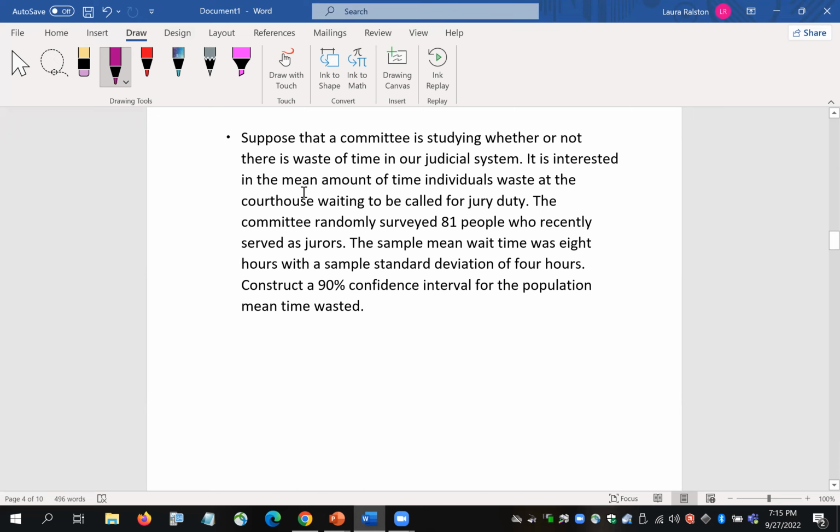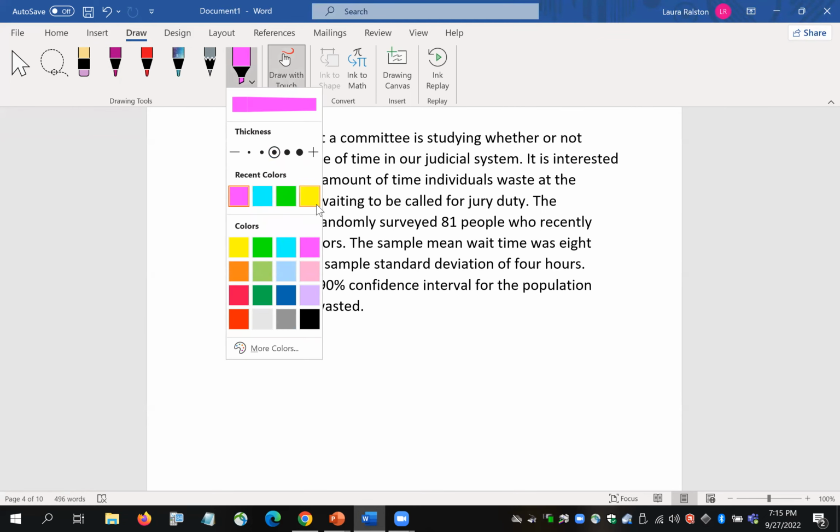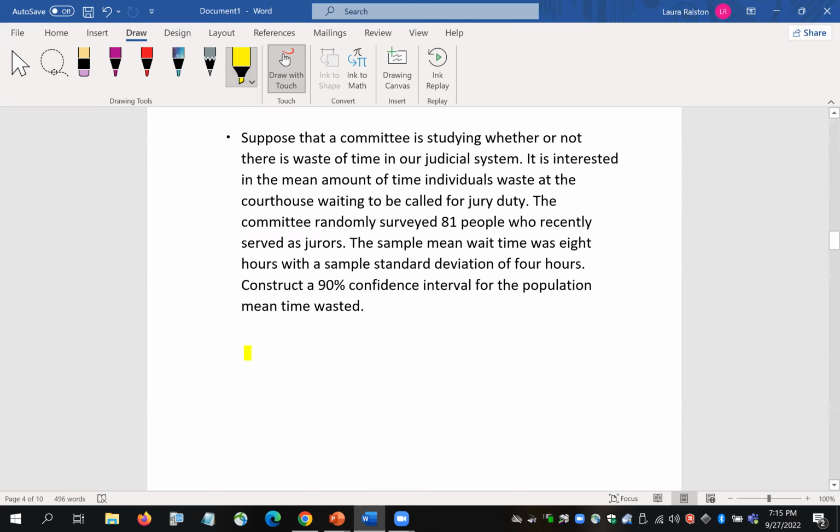It is interested in the mean amount of time individuals waste at the courthouse waiting to be called for jury duty. The committee randomly surveyed 81 people who recently served as jurors. The sample mean wait time was 8 hours with a sample standard deviation of 4. Construct a 90% confidence interval for the population mean time wasted.